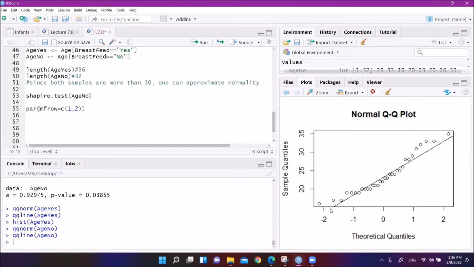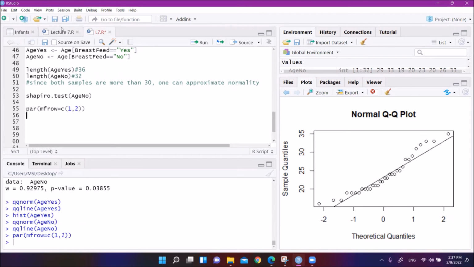You are going to partition this panel. mfrow, c is just for the vector. This is the row indication, and this is the column indication. If I want one row and two columns of plots, I have to give 1, 2, just like matrix indication. I want to partition this plotting area into one row and two columns. So you simply run this line.